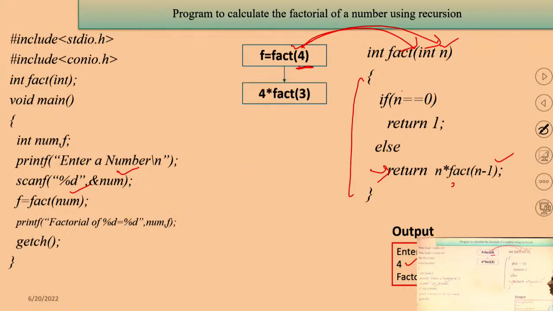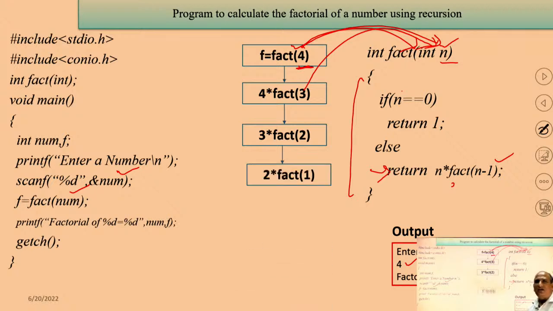Similarly, fact(3) has been called, and the fact function will be called again. Now the value of n is 3, and control will calculate 3 into fact(2). This fact(2) is again called, meaning the fact function has been called again.